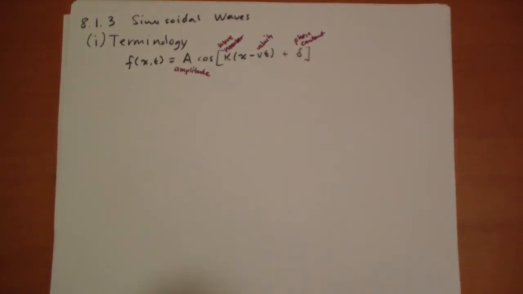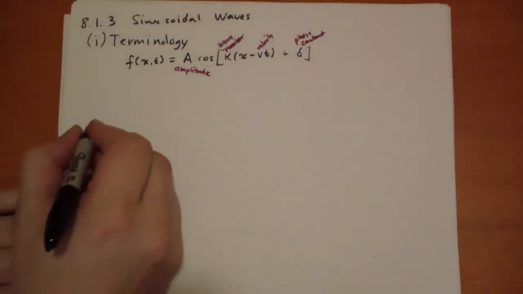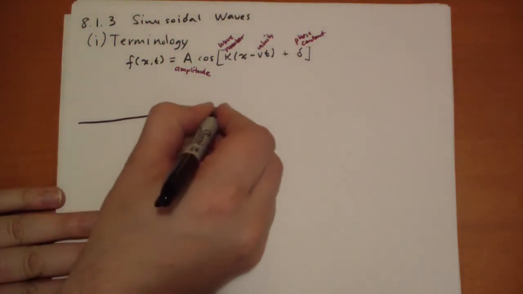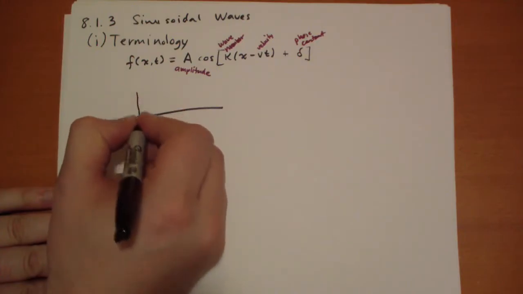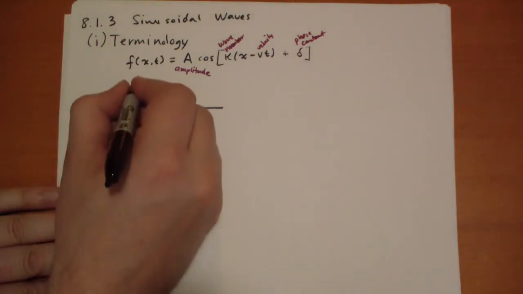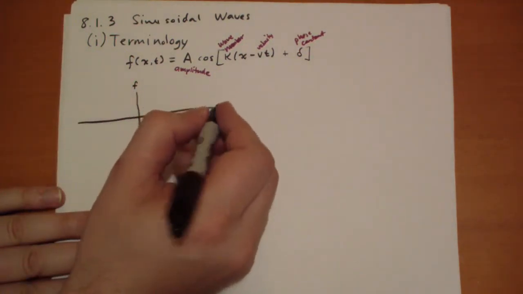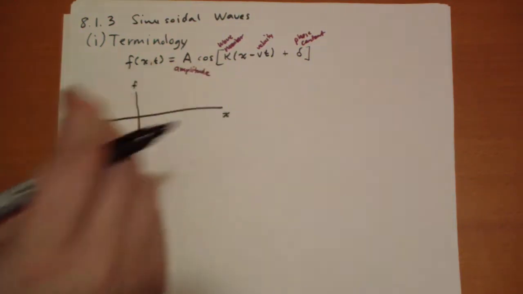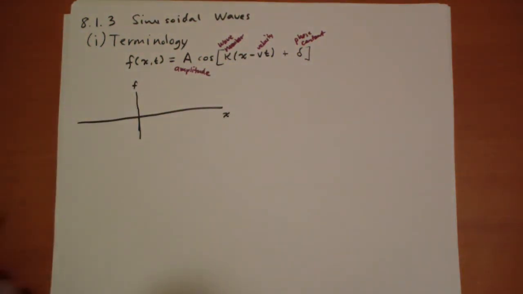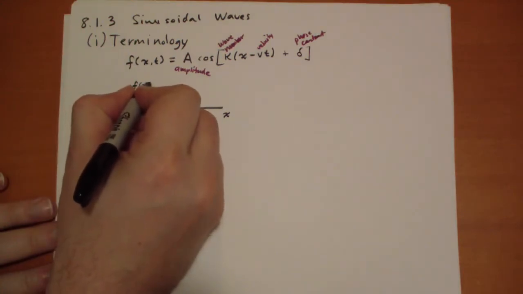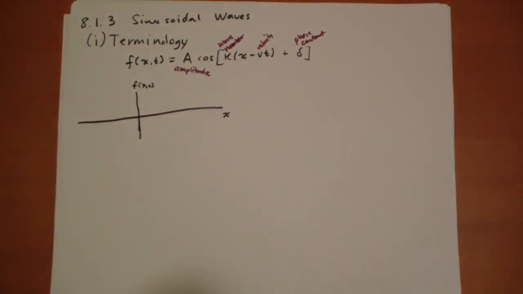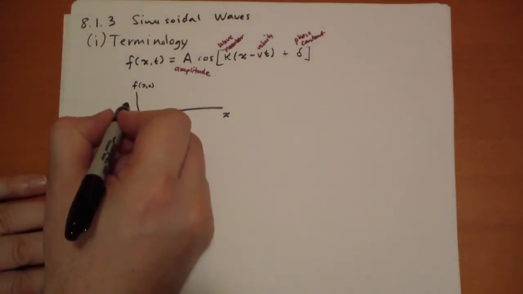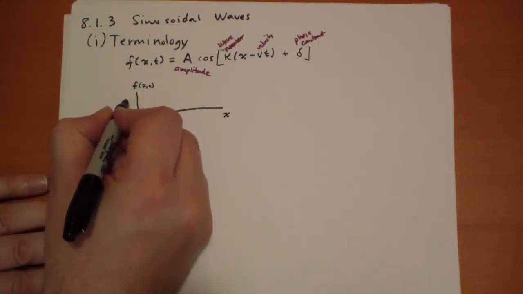So one of these waves will look like the picture in the book. We have our axes here. There's the displacement f here, and this is x. At t equals 0, so let's represent that f of x comma 0, when everything starts, you have this maximum here.